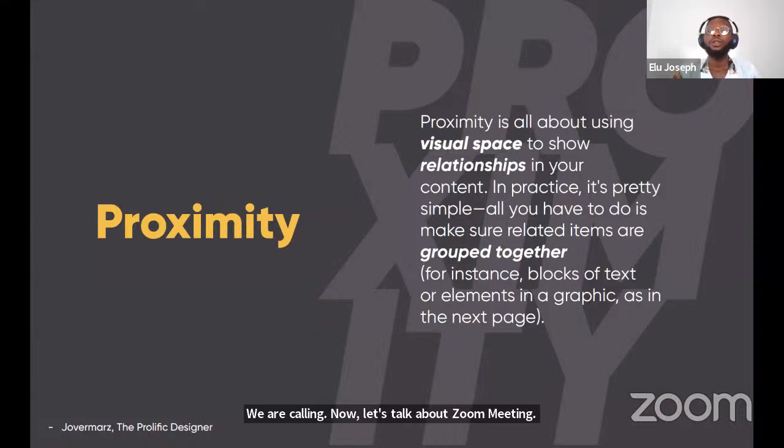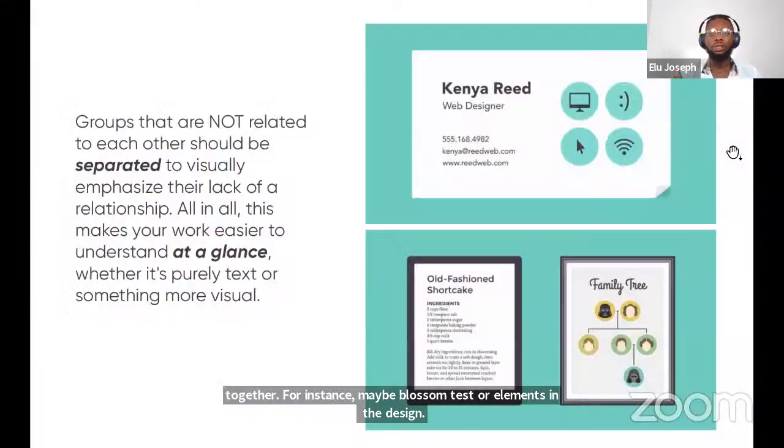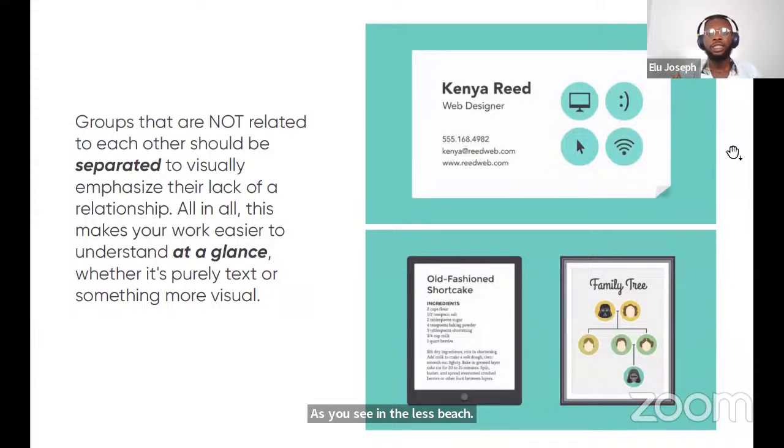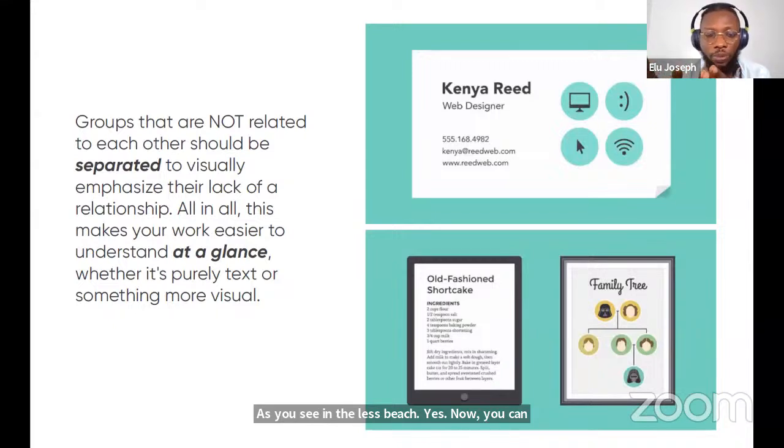Proximity is all about using visual space to show relationships in your content. It is actually simple. You just have to do with related items that are grouped together. For instance, maybe blocks of text or elements in the design, as you see in the next page. Now, you can see the first design up there is a call card.